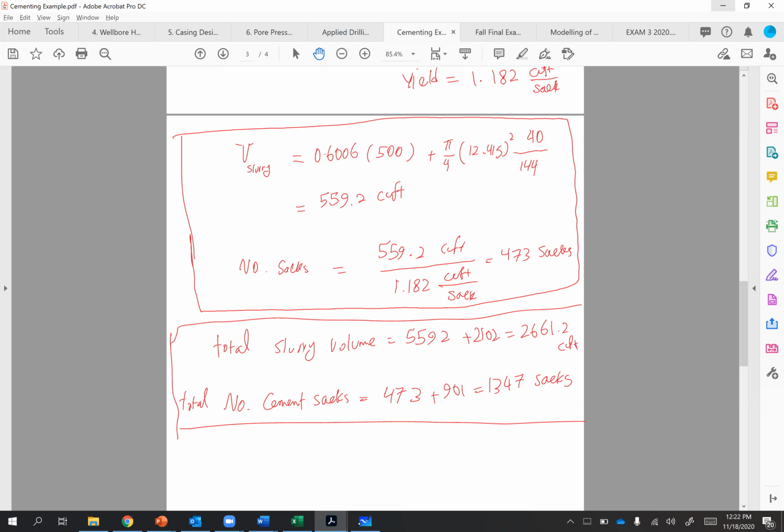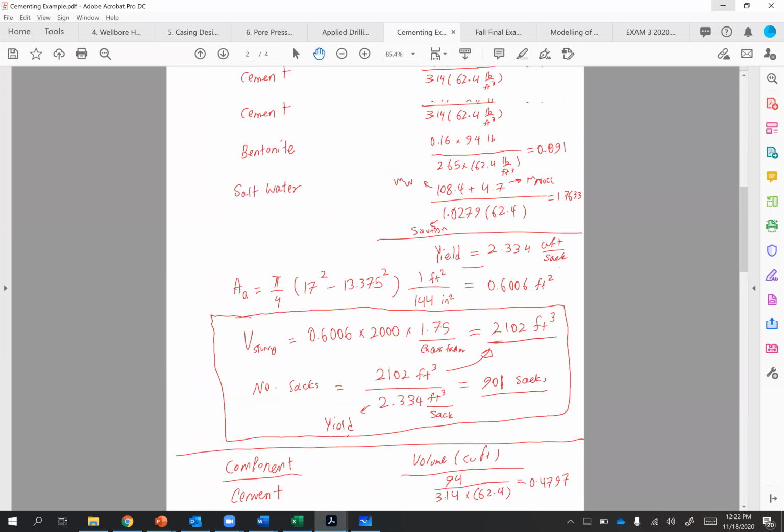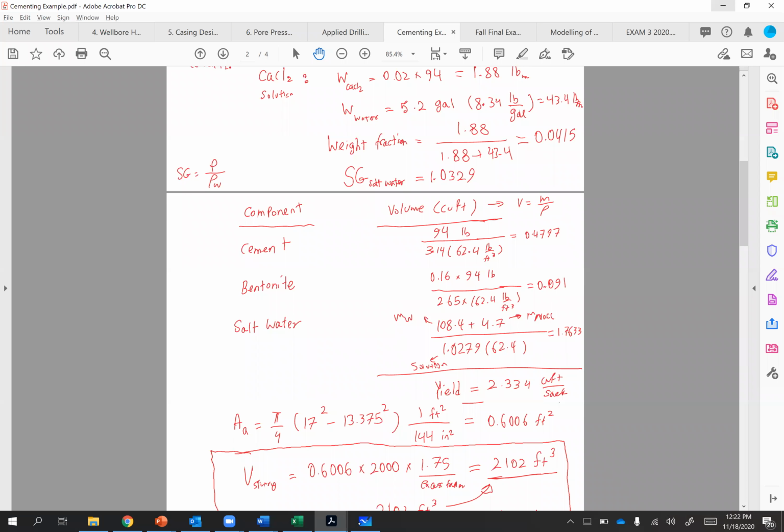And now your mixture might be even more complex, have some other components in it with different specific weights. So it doesn't matter really, right? As far as you know how to do this analysis, how to put these components together and how to calculate the volume and calculate the yield, it doesn't matter how many components you have, right?